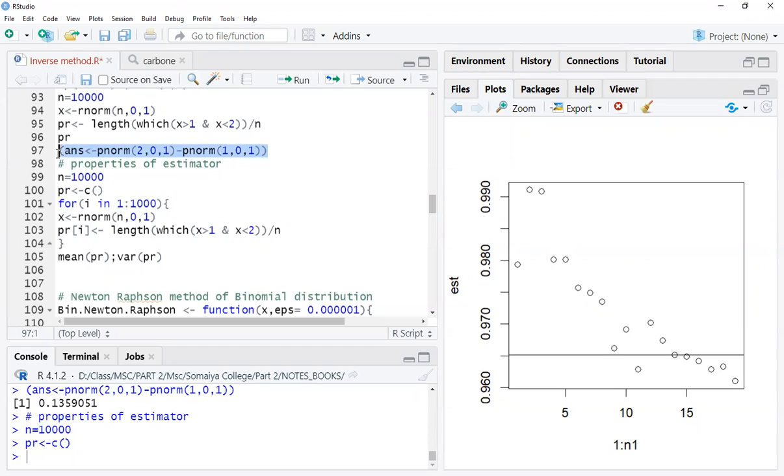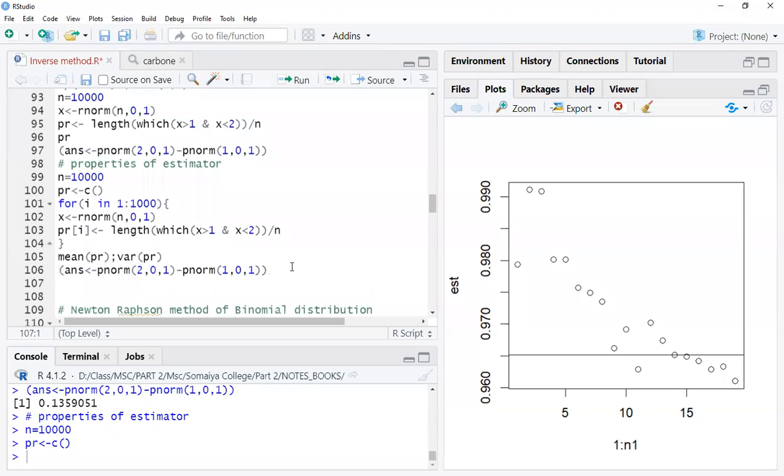This is your actual answer, so we can compare with those answers also, and we can obtain their MSE. MSE will be equal to the sum of your PR value minus answer value, whole thing squared, whole thing divided by 10,000 observations, or we have taken 1,000 observations. So this will give you the mean square error.